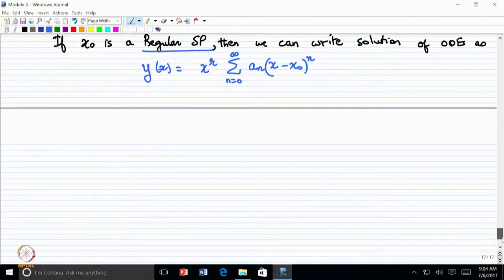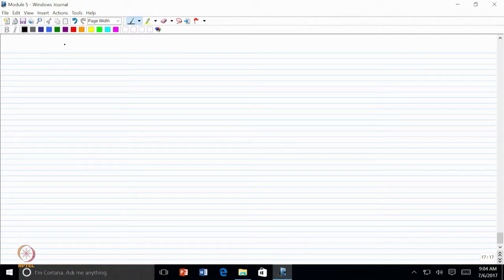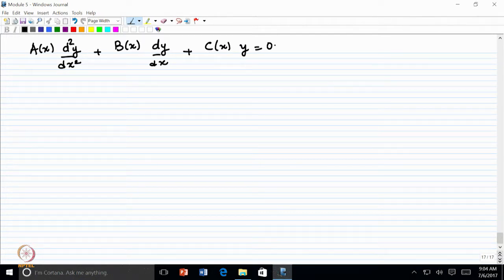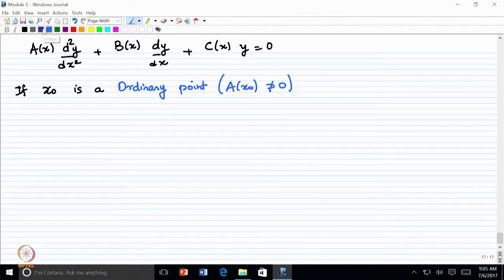Let me summarize this. We had d square y by dx square times a of x plus b of x times dy by dx plus c of x times y equal to 0, and what we said is that if x 0 is an ordinary point, that is, a of x 0 not equal to 0, then you write your solution y equal to sum over n equal to 0 to infinity a n x minus x 0 raised to n.